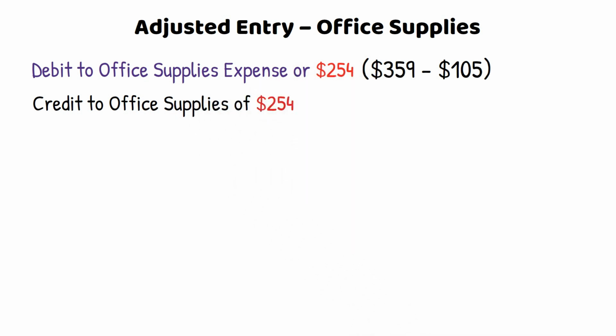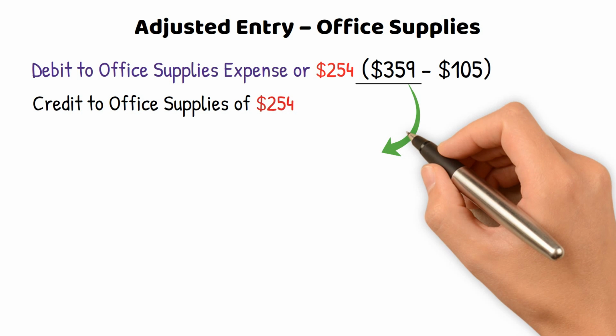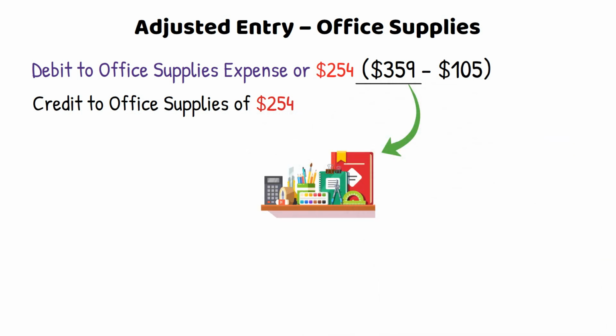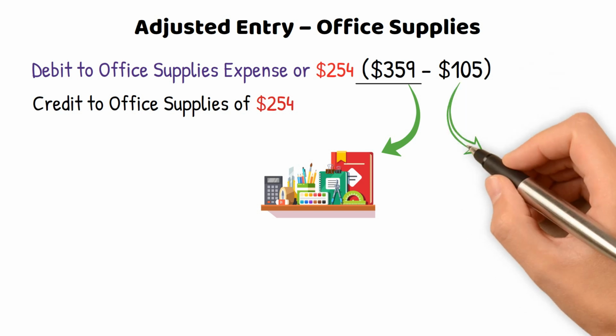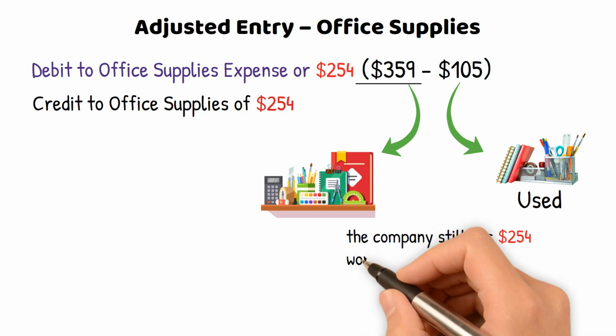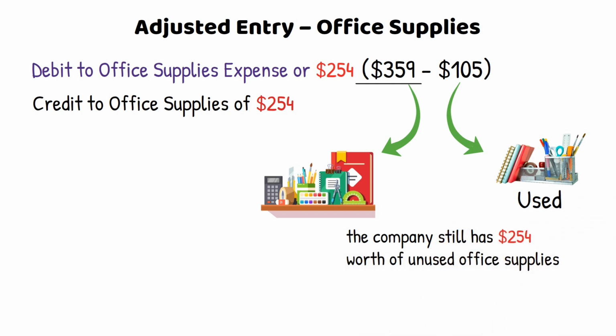The office supplies account had a debit balance of $359 prior to the adjusting entry, which indicates that the company had purchased $359 worth of office supplies over time. However, after conducting a physical count, it was determined that only $105 worth of supplies remained.